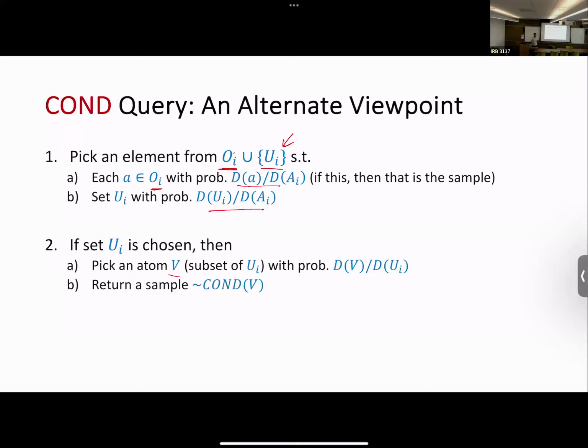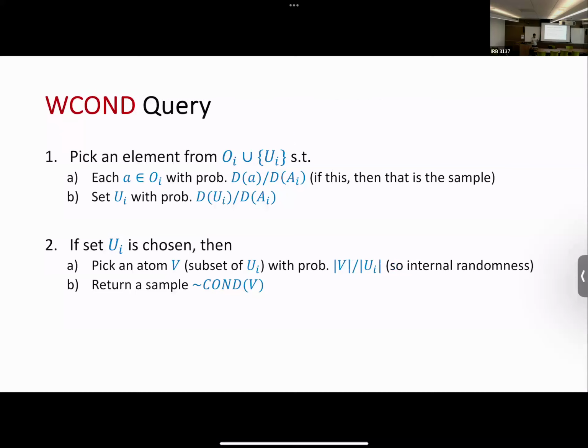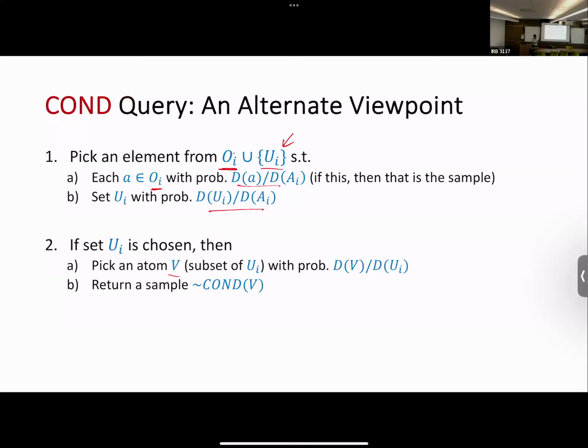Now in the weak COND, we just tweak this a bit. Everything remains the same; the only place where we make the change is that each atom, in the normal query, is selected with its corresponding conditioning probability, which is d_v by d_U_i.